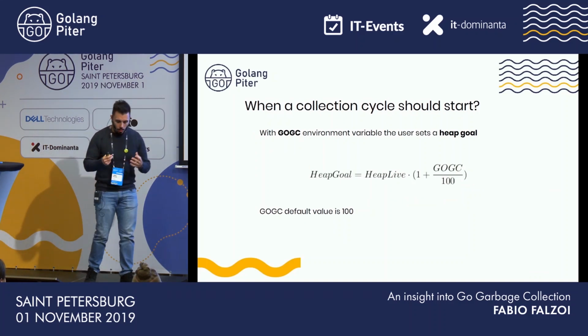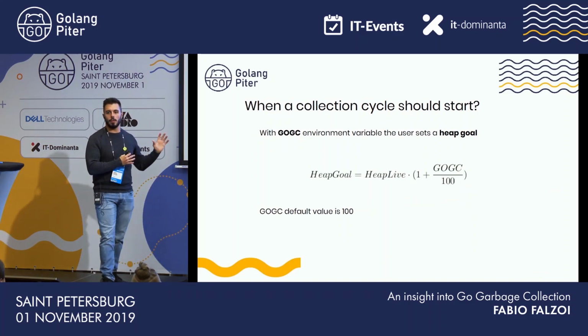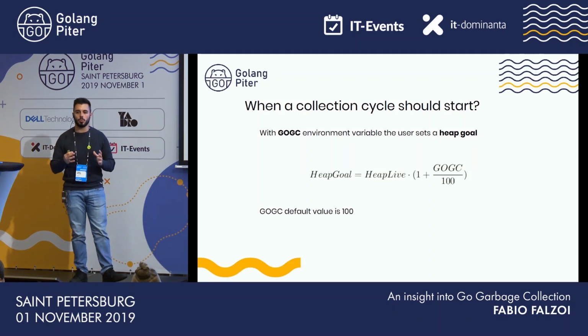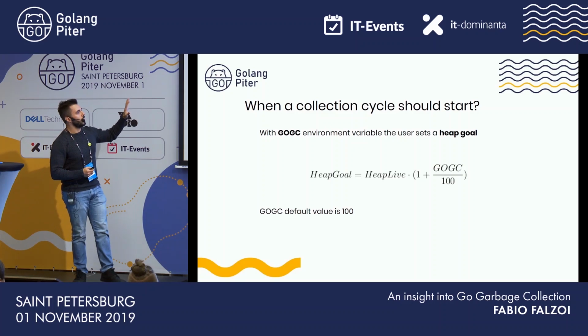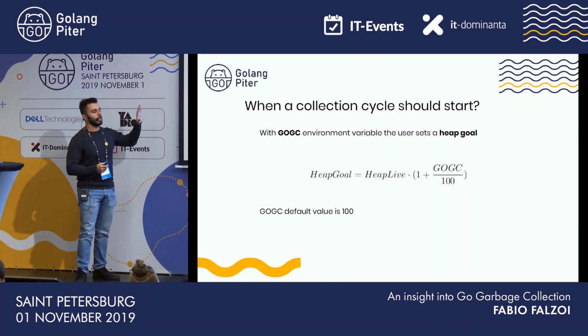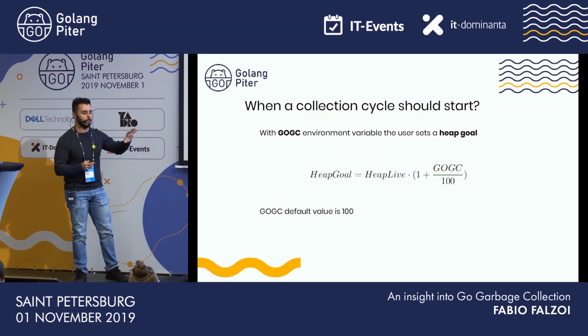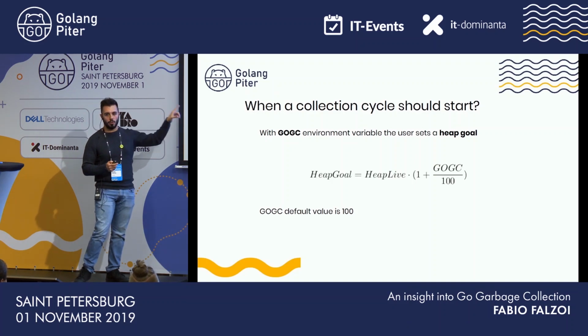Okay, so now we know quite a lot about Go garbage collection, but when should we start the next garbage collection cycle? Using the GOGC environment variable, you can set the heap goal. Specifically, the runtime sets a heap goal to that formula.